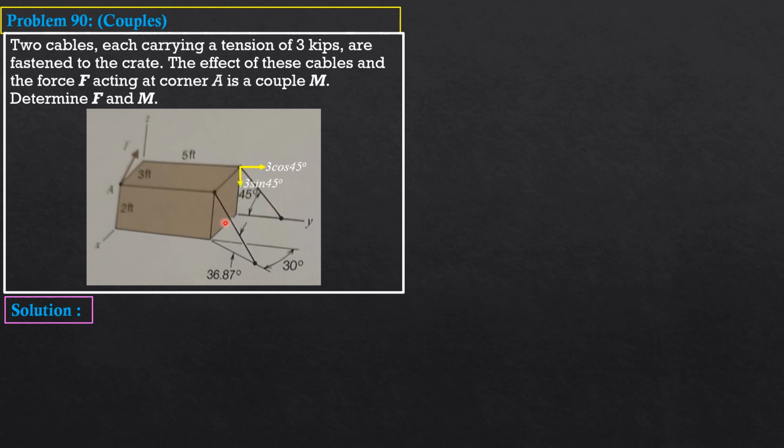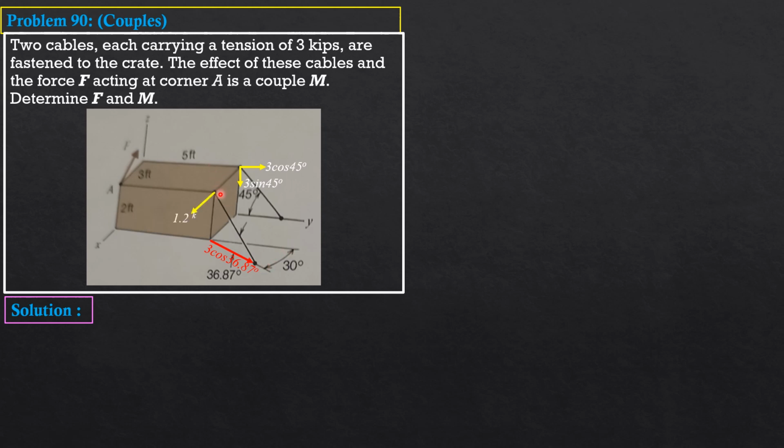And here we have to compute this component first. It is 3 cosine of 36.87. Component on the XY plane is 3 cosine 36.87. Therefore, the X component, in this direction, is 3 cosine 36.87 times sine of 30.